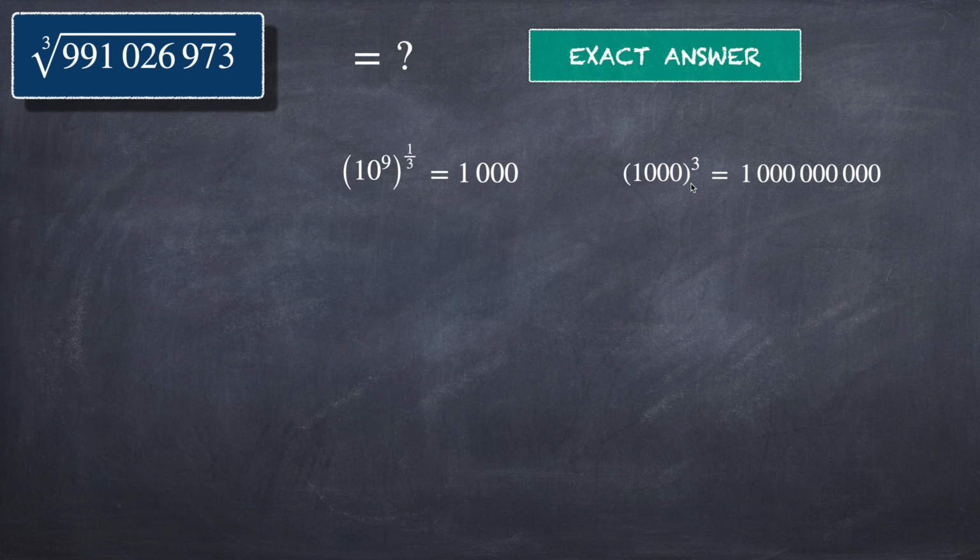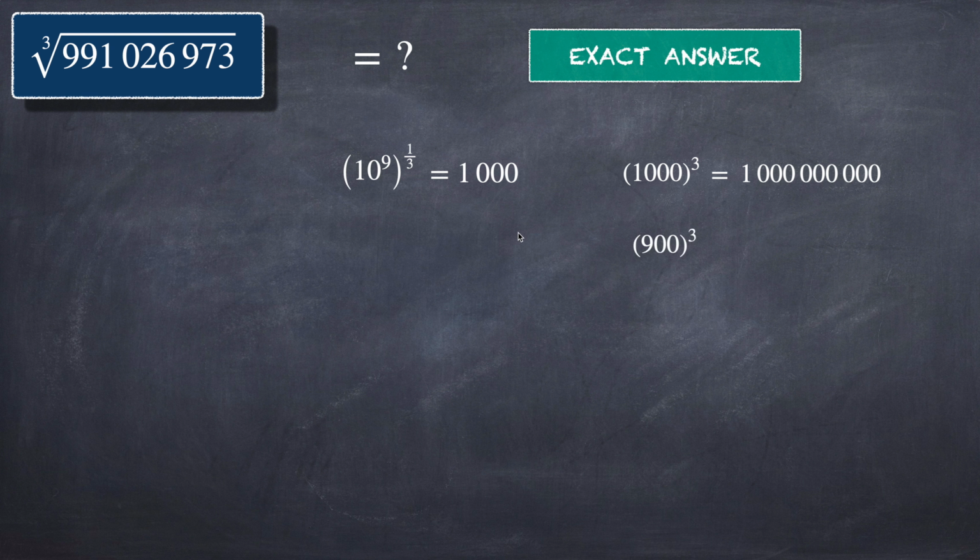This is 1,000 times 1,000 times 1,000. So our goal is to raise the answer that we are looking for to the 3rd power, and then try to obtain the number inside the cube root.